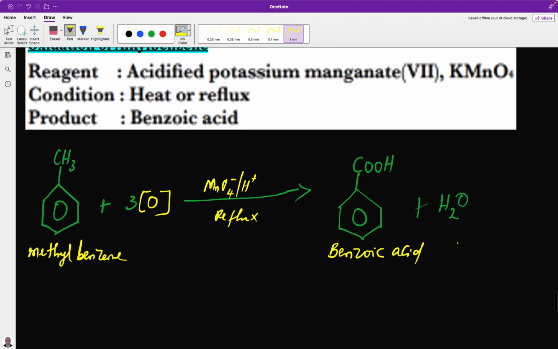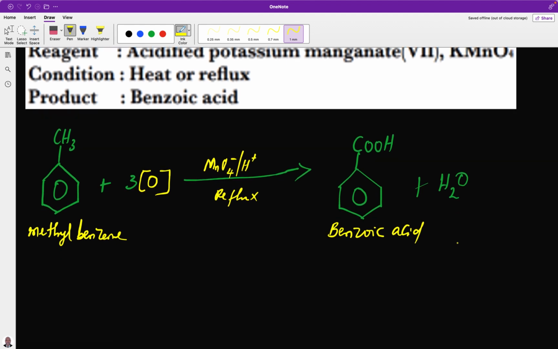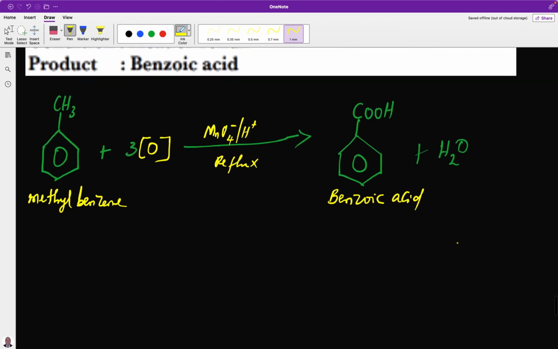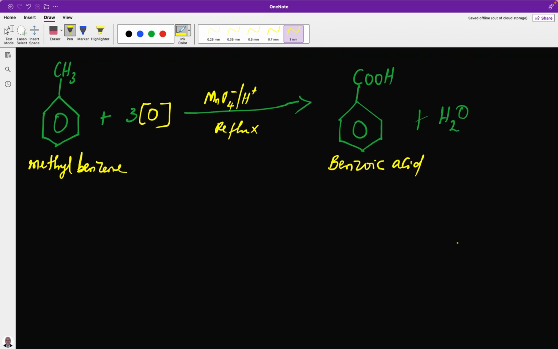For instance, another example is 1,4-dimethylbenzene. You see that the side chains are oxidized to the corresponding acid groups.